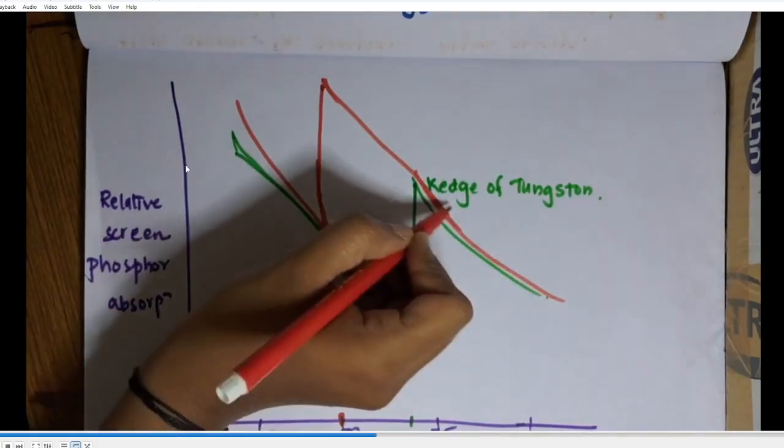The absorption of X-rays by gadolinium will decrease up to the K-shell binding energy, which is 50.2 kiloelectron volts, and after 50.2 kiloelectron volts, that is at the K edge, the rare earth screen absorbs the maximum X-ray photons, and slowly the absorption will again decrease.